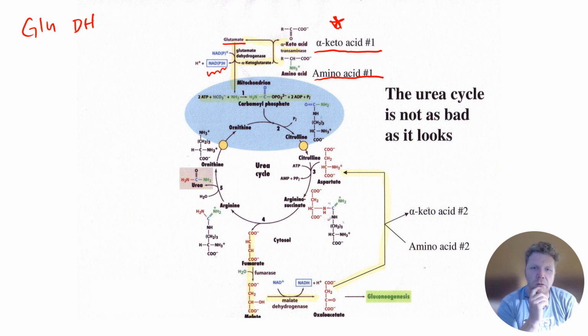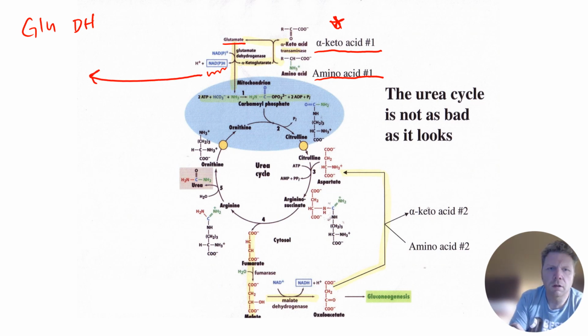Well, how can we use that NADPH in the cytosol? Ooh, you know what we can use that for? Fatty acid biosynthesis. Because, well, it's in the cytosol, where fatty acid biosynthesis is going to take place. We're also going to generate alpha-ketoglutarate.